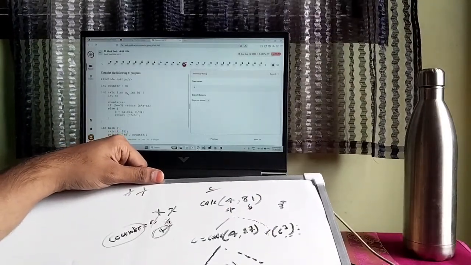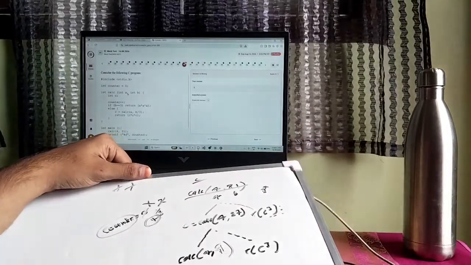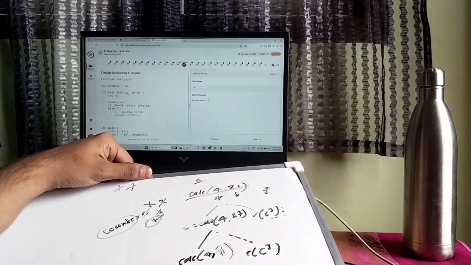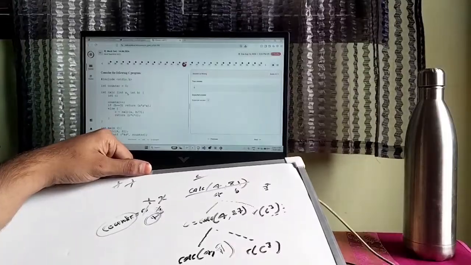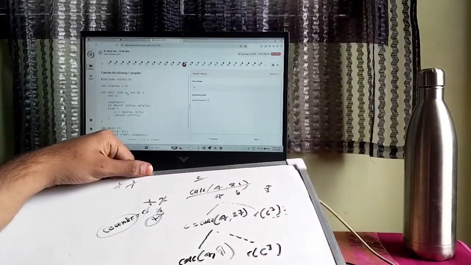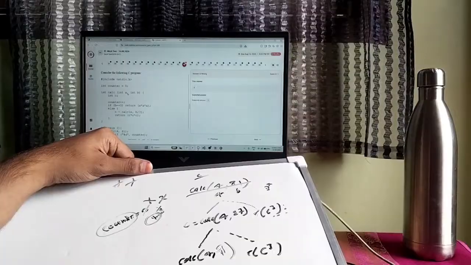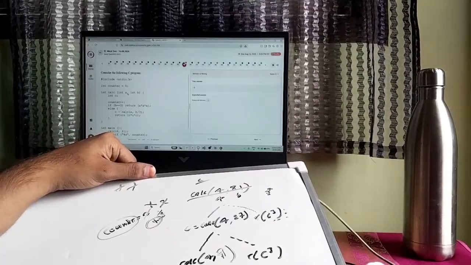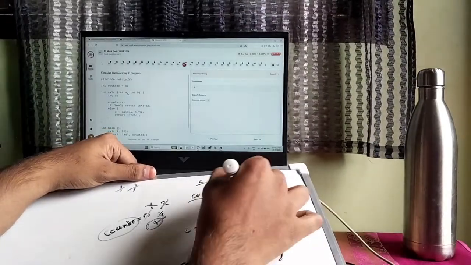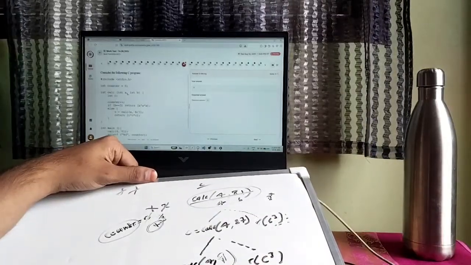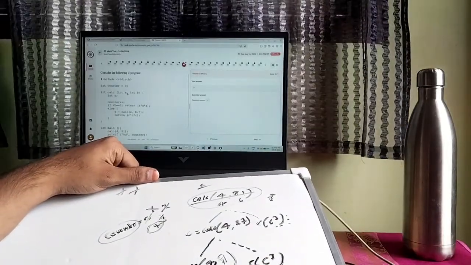If you want to know this value, we have to perform the recursive operation. Here this value is 4 cube. You have to return it here, and it will become 4 cube whole cube. It goes on like this, and finally returns like this. So let me do this.